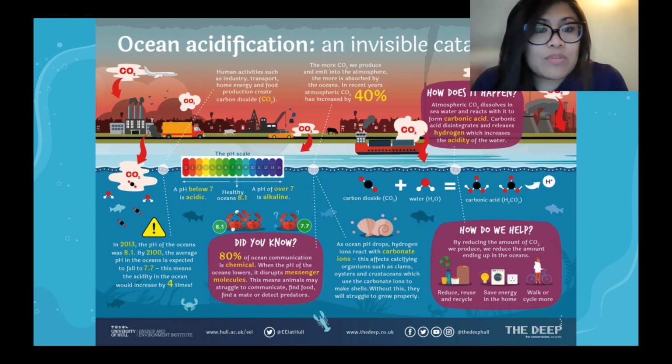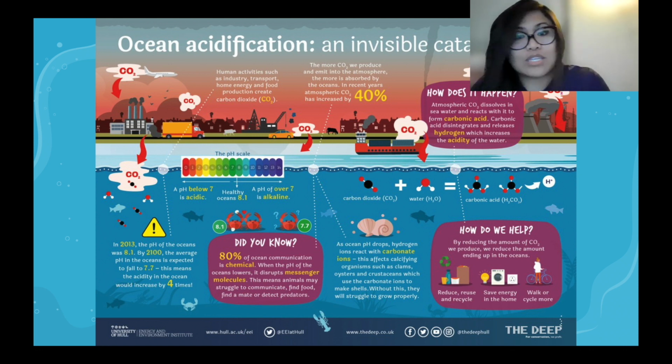And like I had mentioned before, around 2013, the pH level of the ocean was at 8.1, which was still a healthy level. By 2100, the average pH in the oceans is expected to fall to 7.7. And this means that the acidity in the ocean would increase by 4 times in that short amount of time.